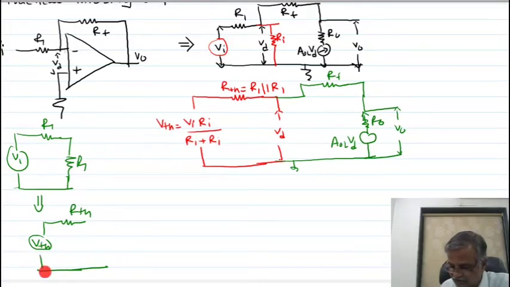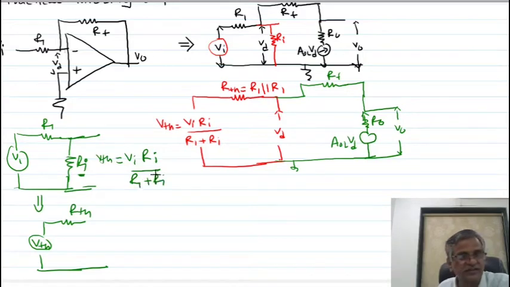So what is Vth? Vth is nothing but you open the load and calculate the voltage across this. Voltage across this is called Vth.